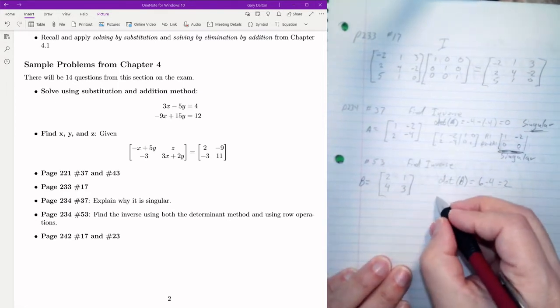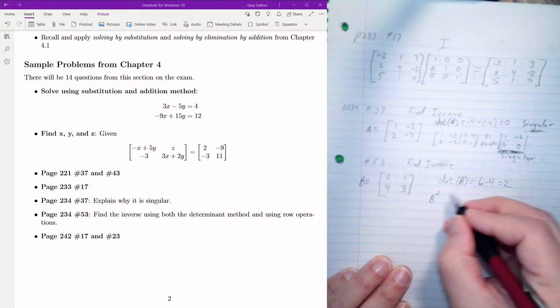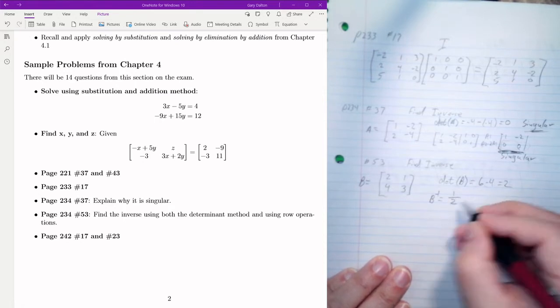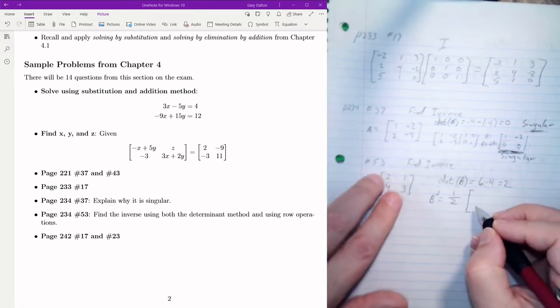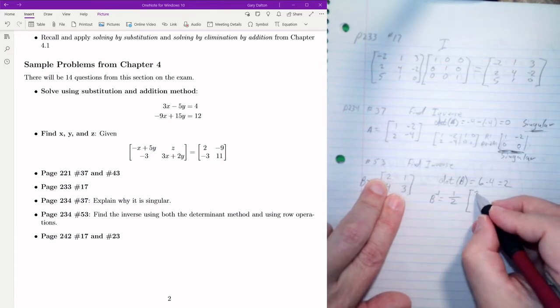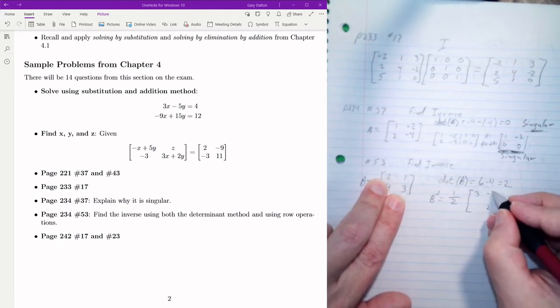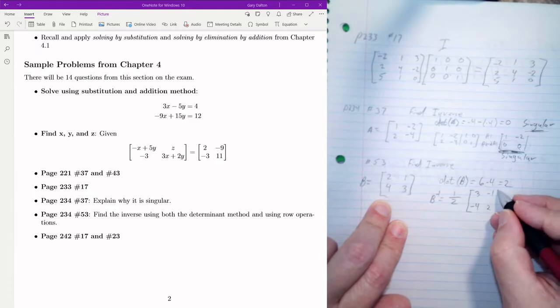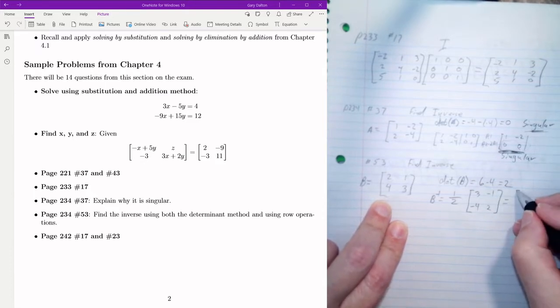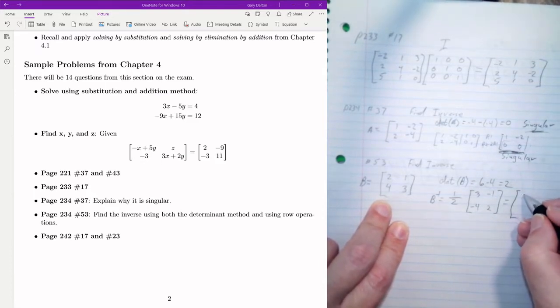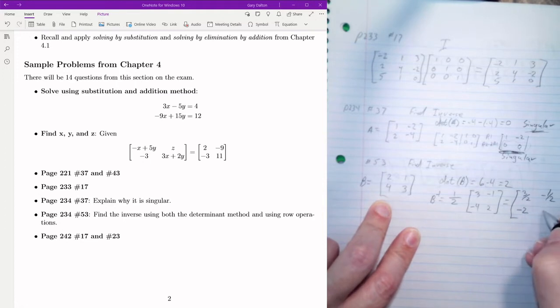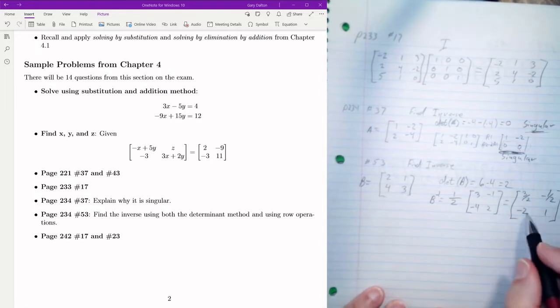Okay, so B inverse is equal to 1 divided by the determinant times, we switch the 2 and the 3, and we negate the other ones, which gives us the result of 3 halves, minus 1 half, minus 2 and 1. So this is B inverse.